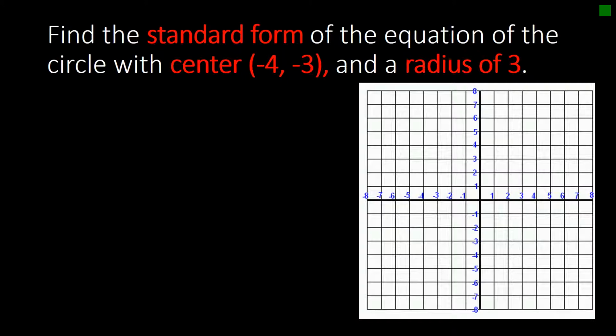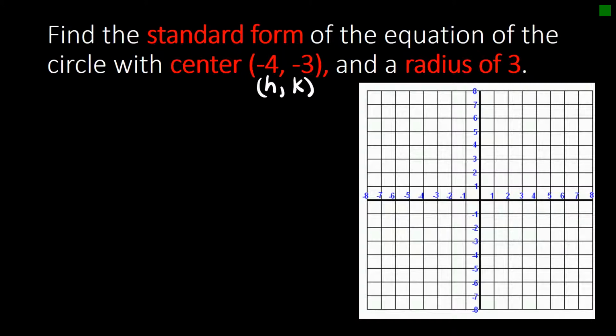So let's look at an example where they want us to find the standard form of an equation with center (h, k) to be (-4, -3) and radius of 3.